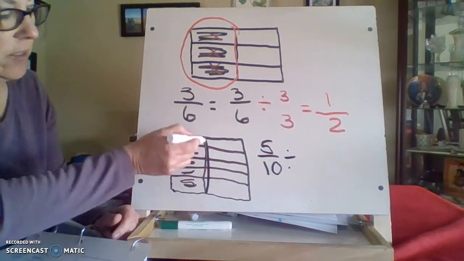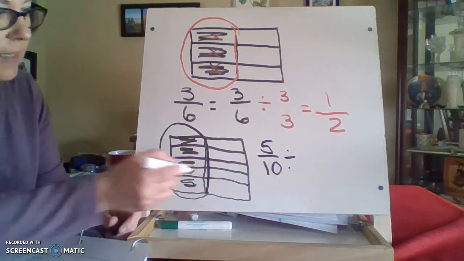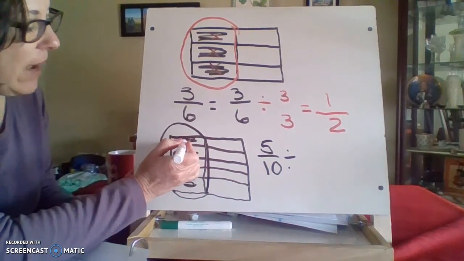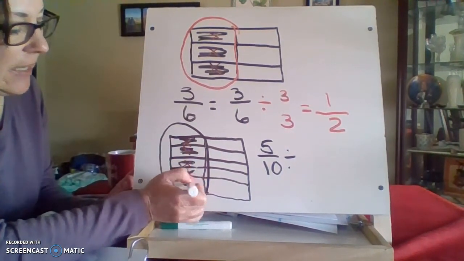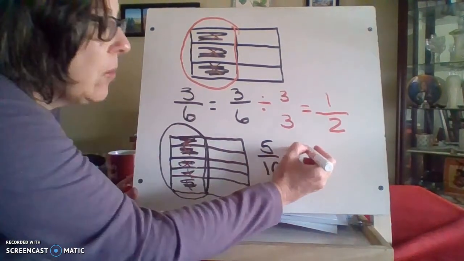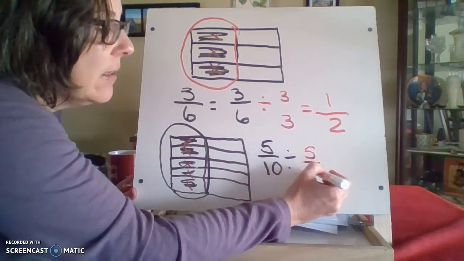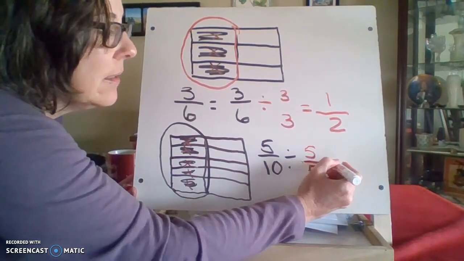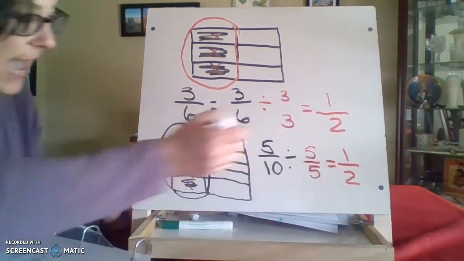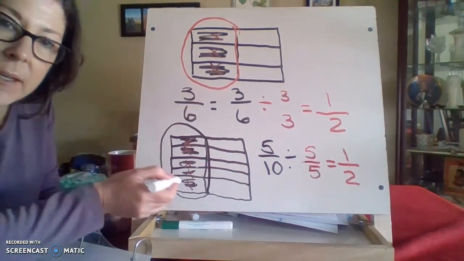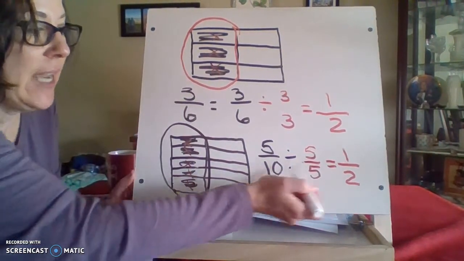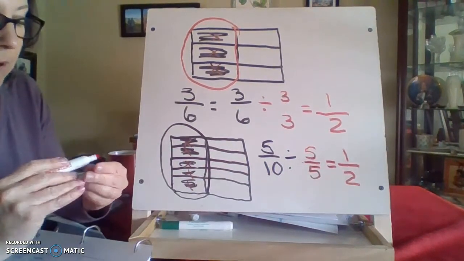But if I circle that, I have 5 small pieces that I can put together to make one big piece. So I can divide by 5s and I get 1/2. Here's my one big piece out of 2 big pieces. So 5/10 is equal to 1/2.